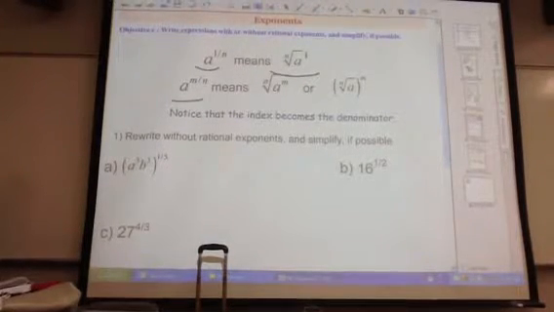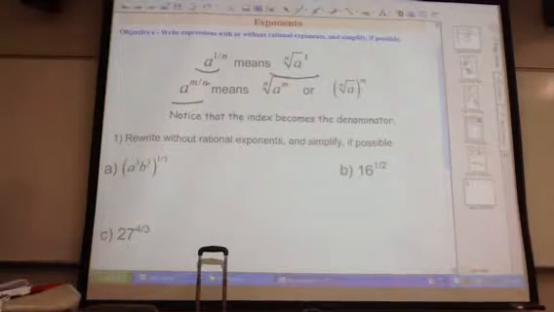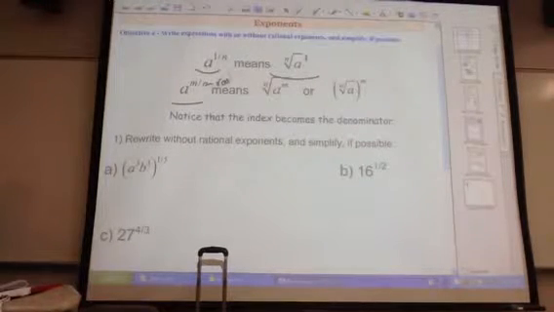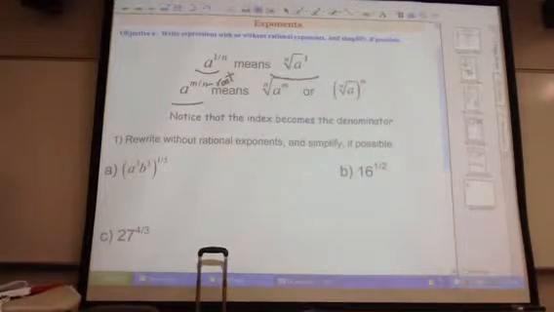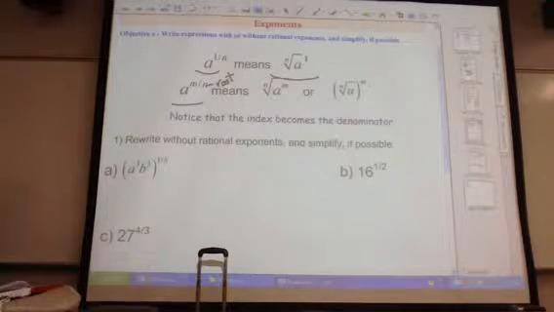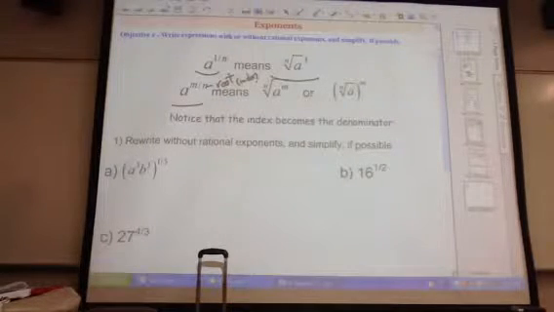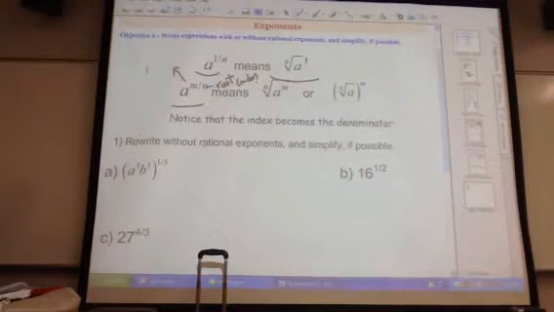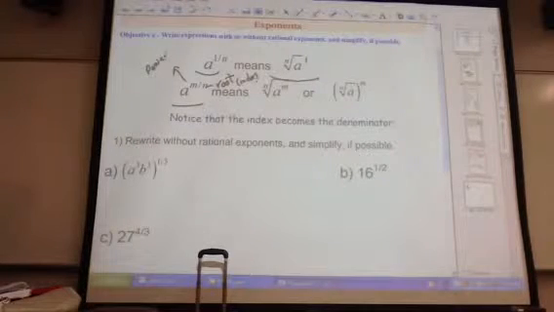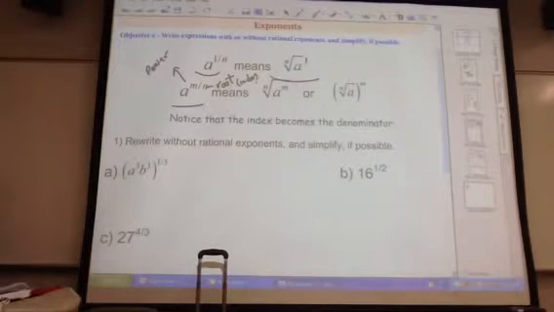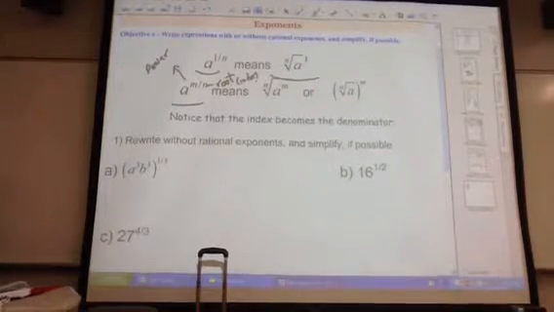The denominator is telling you what root you're taking, or index. The numerator is going to tell you what power you're raising a to.